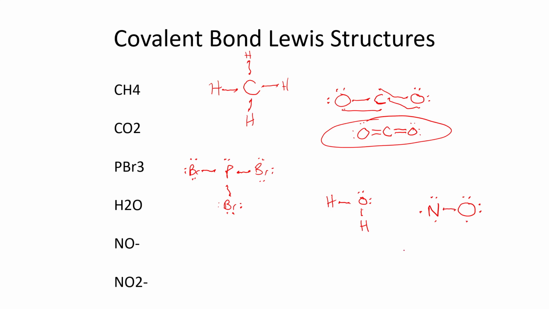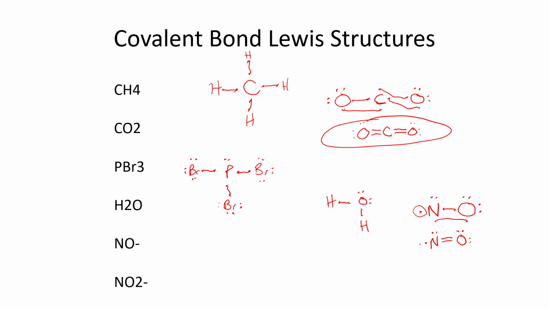So we connect the dots here, connect the dots here, and we have 1 left over, because these are paired, these are paired, these are paired. So when we redraw this, N double bonded to oxygen, we have this one alone.